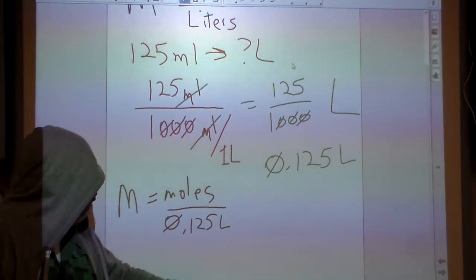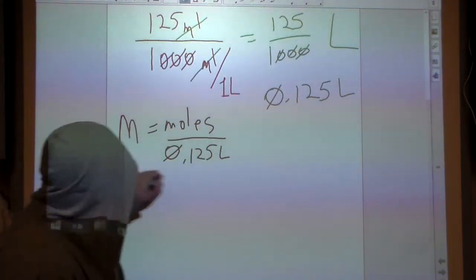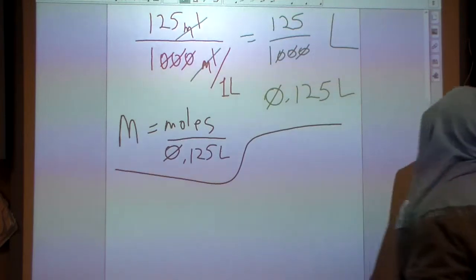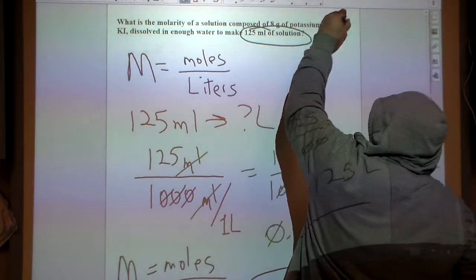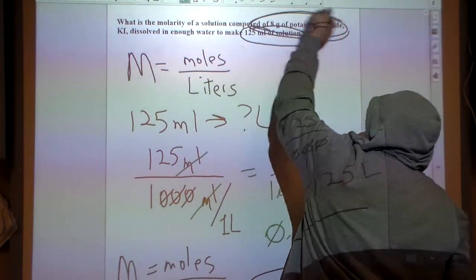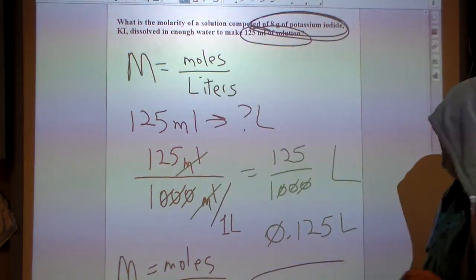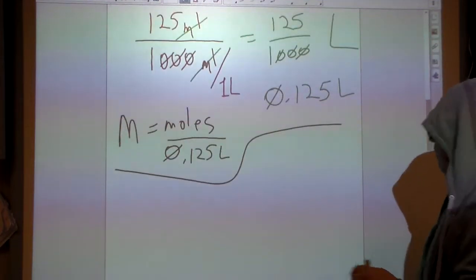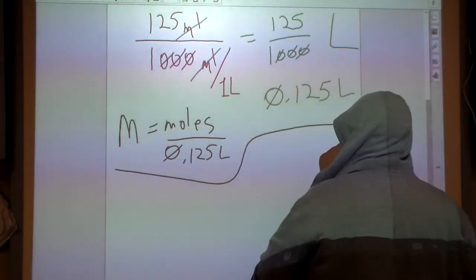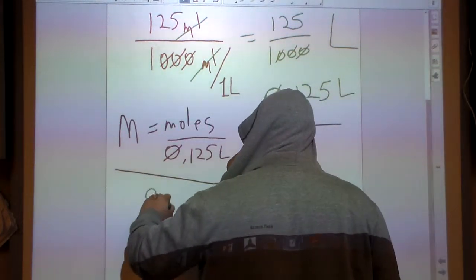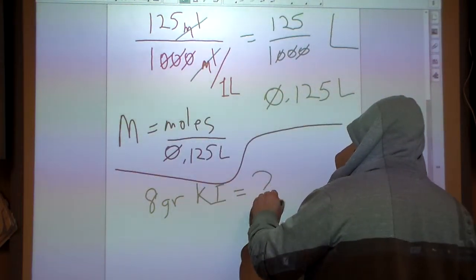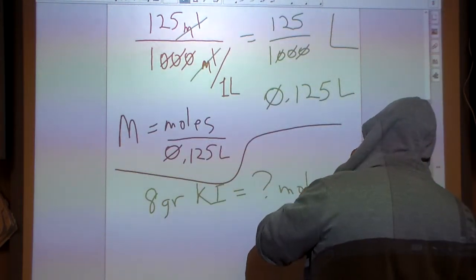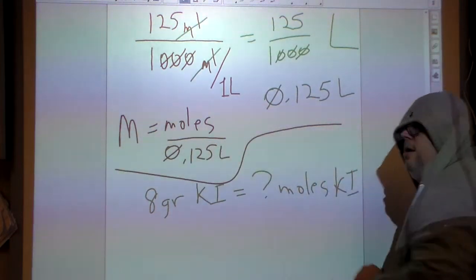Wait. What's moles? What's moles again? Moles. Well, you might remember up here, they gave us 8 grams of potassium iodide, KI. So now we have 8 grams of potassium iodide, but we've got to change that into moles of KI.